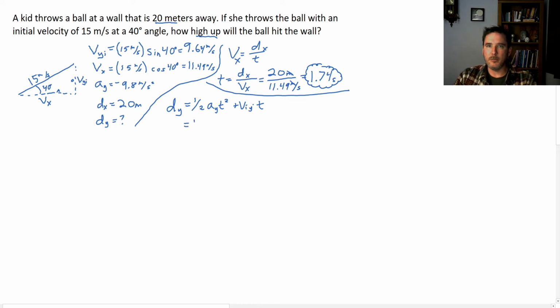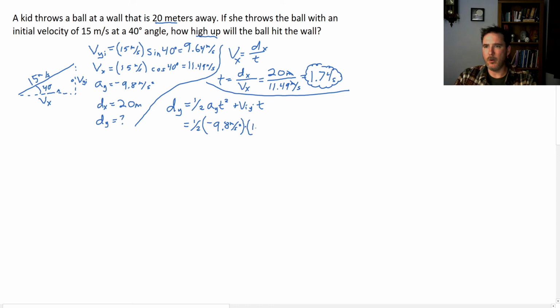So that is equal to 1/2 of the acceleration, which is negative 9.8 meters per second squared. We have to remember that negative. It is vital that we do, because it is going downward, and so we have to denote that with a negative.